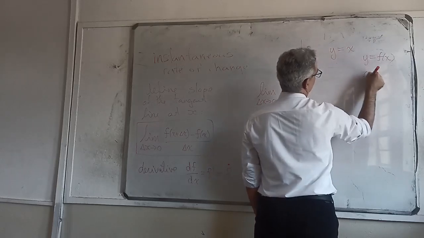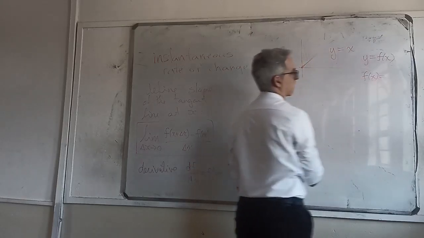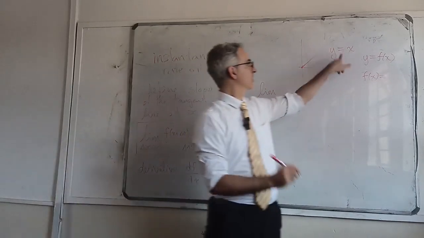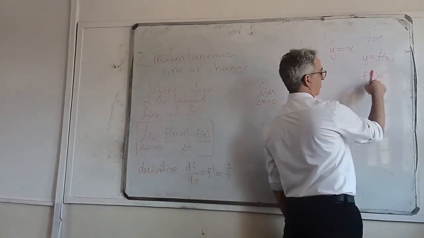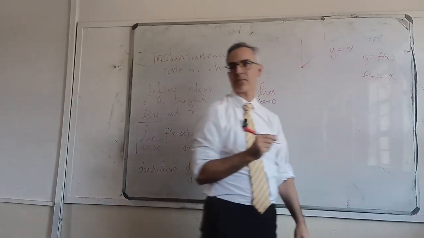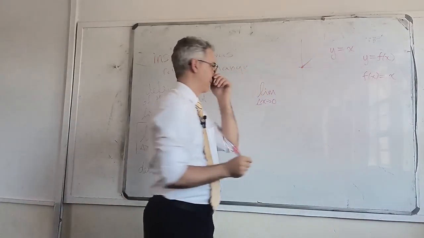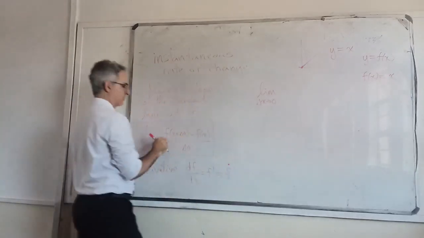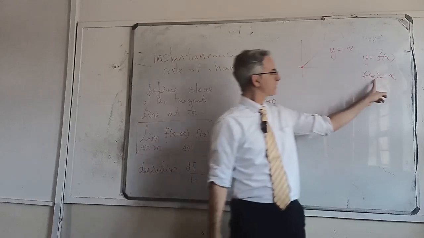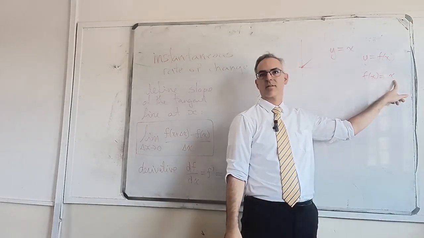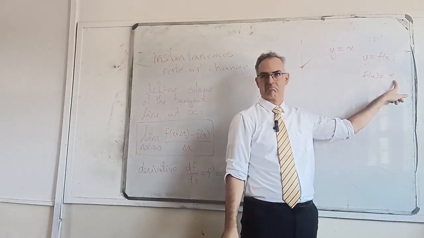So f of x is what? y. If y is f of x, then f of x, as a function of x, is just x. So if I put in x, I get back x. I get back what I put in.